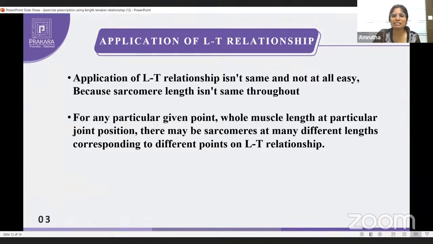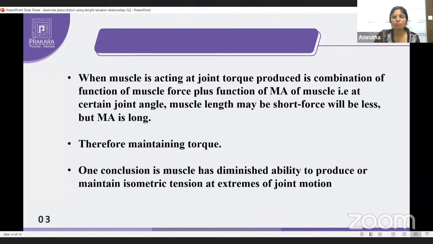This confusion is very much necessary here, that all the sarcomere lengths are not the same. Hence, the application here should change. How? When a muscle is acting at a joint. In the last webinar, we talked about torque and moment arm. So just a 30 second revision.